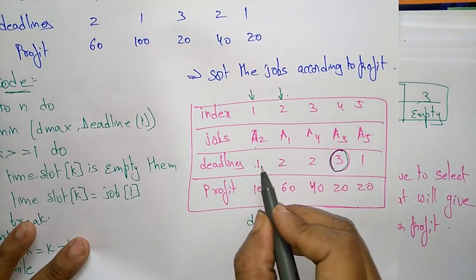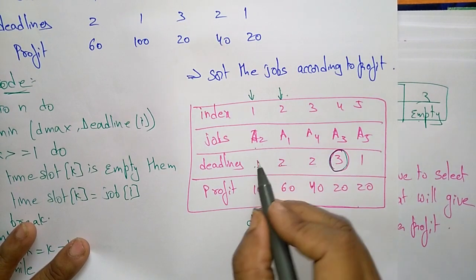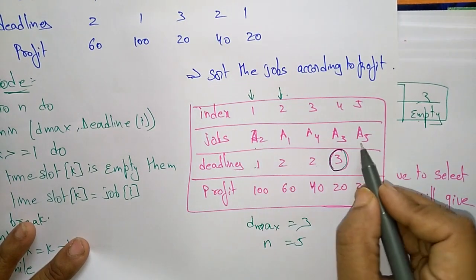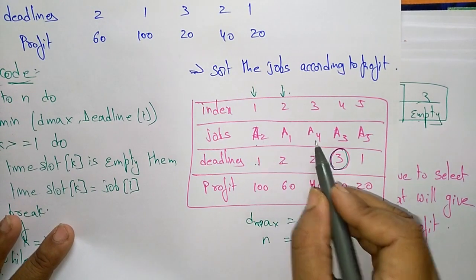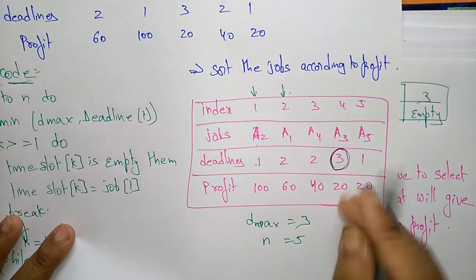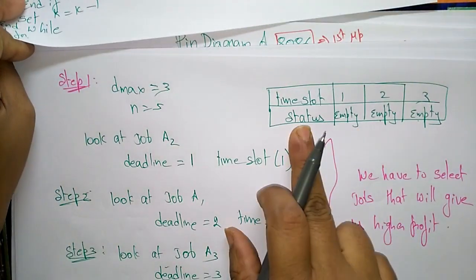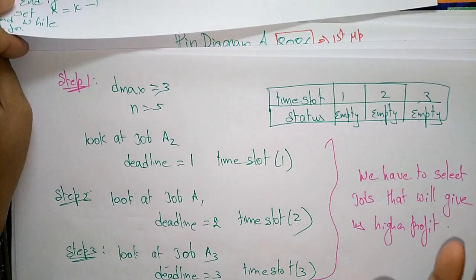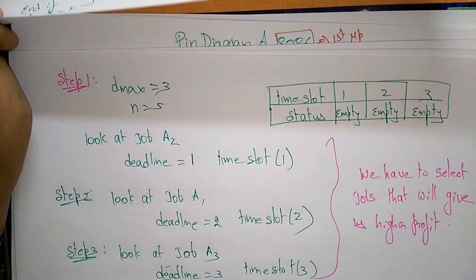For the same numbers, 1 and 2, I can choose either one based on these conditions, and then this 3. The maximum deadline here is 3, so that's why I'm taking only 3 time slots. I have to choose only the 3 jobs that give the maximum profit. Okay, so let us start.